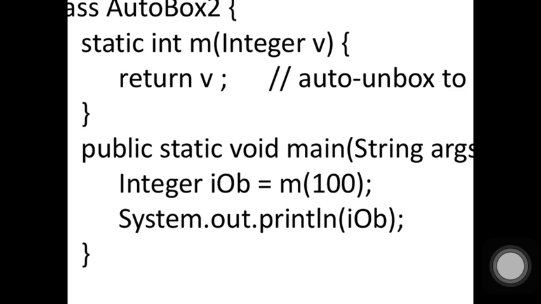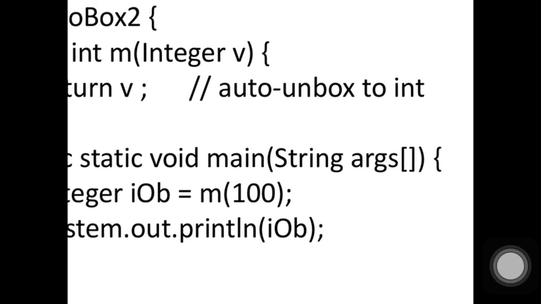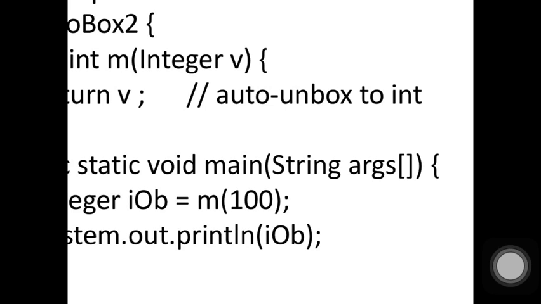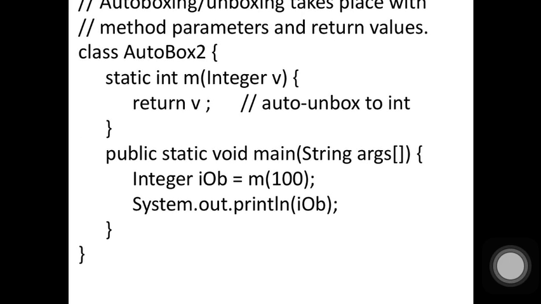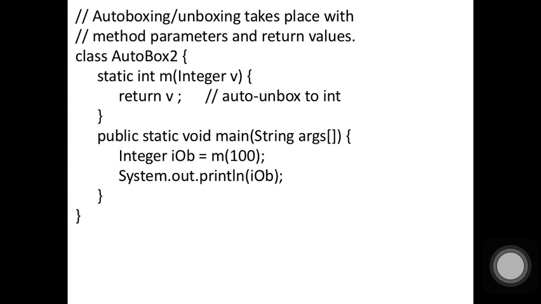Internally it converts the numerical value into object form and assigns it to the Integer object v. Like this, the system will perform autoboxing and auto unboxing automatically in these situations. Just run this simple application to see how automatic boxing and unboxing takes place.